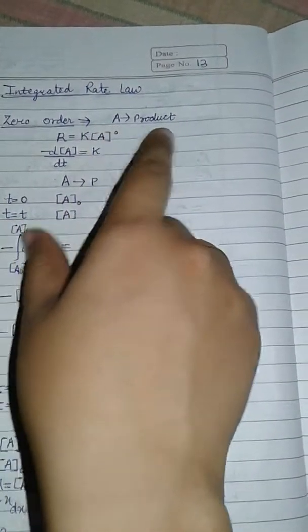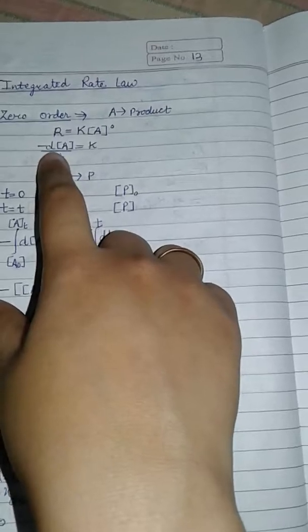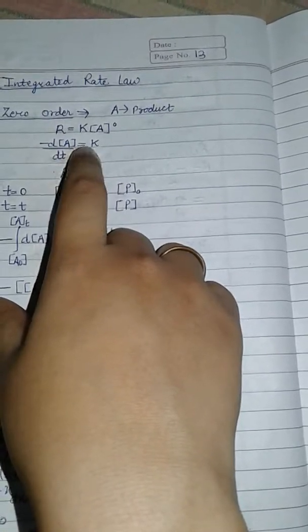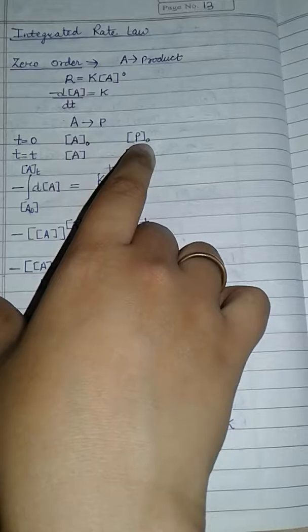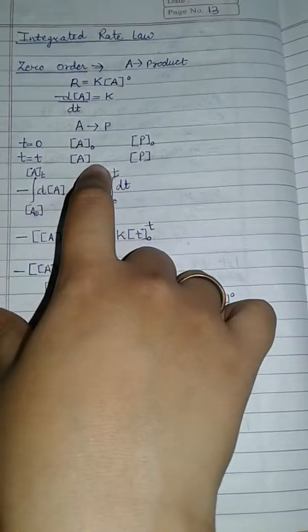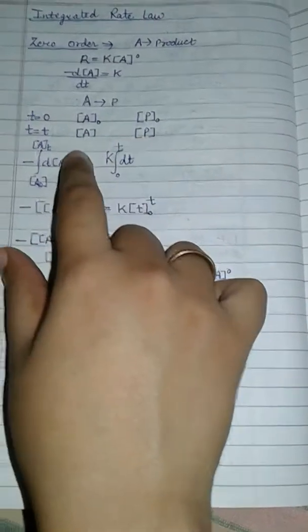Now the integrated rate law. For zero order, A gives product, rate is equal to k A to the power 0 because it is zero order. So k will be equal to minus dA upon dt. For A gives product, at time 0 A naught is the concentration and P naught is the concentration. After time t, A is the concentration, P is the concentration. This is reactant, this is product.